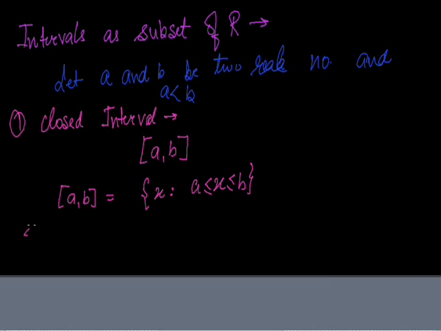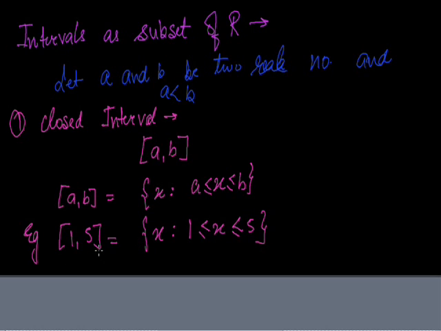For example, [1, 5]. We write the set as x belongs to [1, 5]. So 1 is also included in x and 5 is also included. So it is called the closed interval.